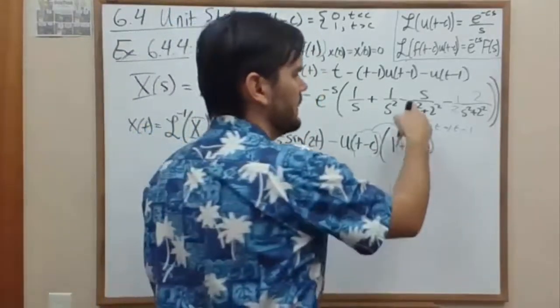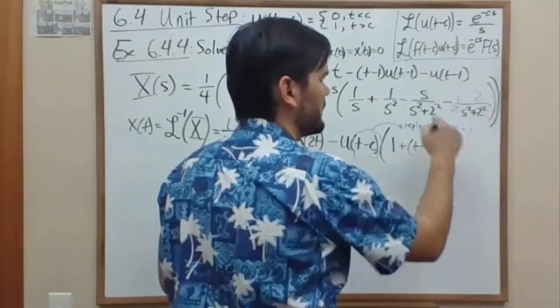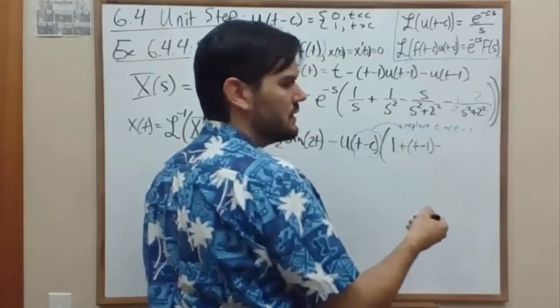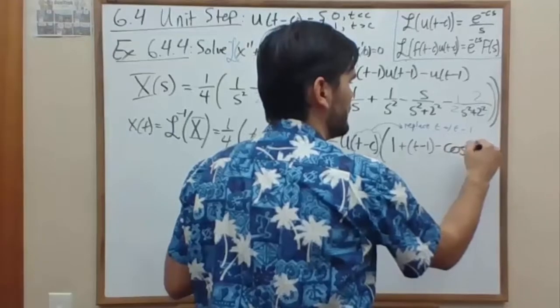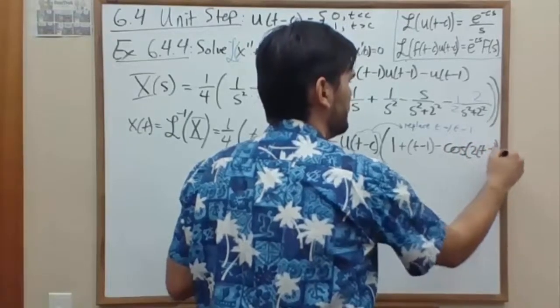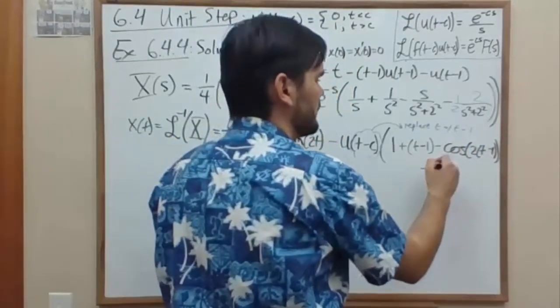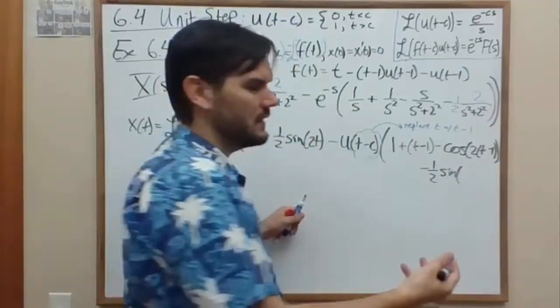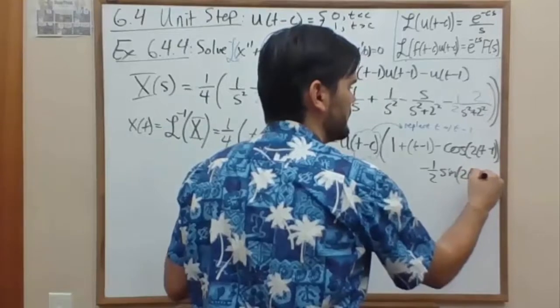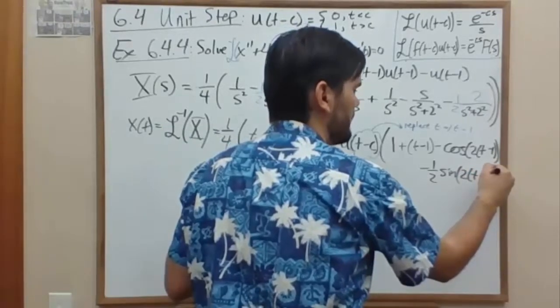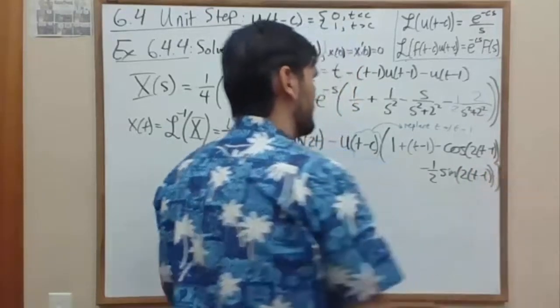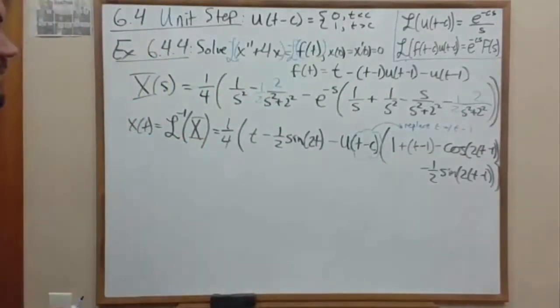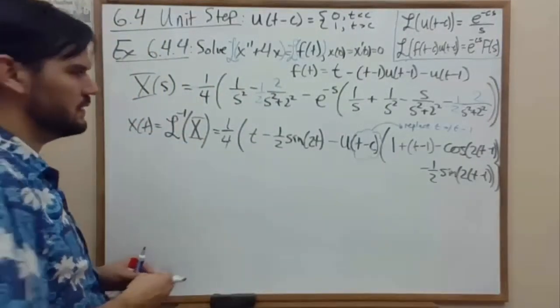Then I have a minus cosine of 2t, so that's a cosine of 2 times t minus 1. And then a minus 1/2 of sine of 2t, and I replace the t again, so sine of 2 times t minus 1, like that. Whew.